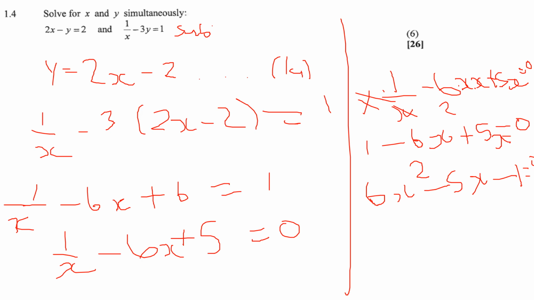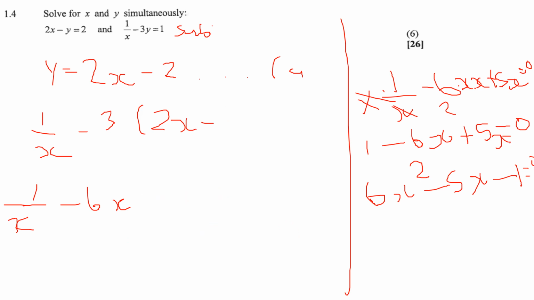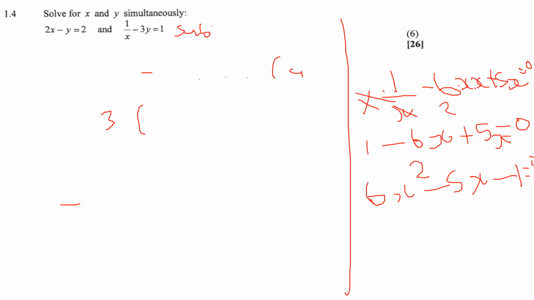At this point we see our x squared has a coefficient, so we don't even want to bother with factorizing, but you can still factorize. I just advise you, so that things don't get complicated, go straight and use your quadratic formula.